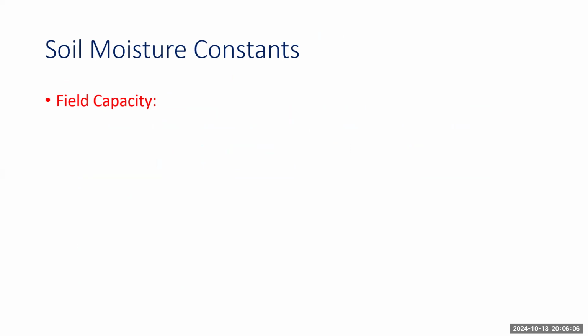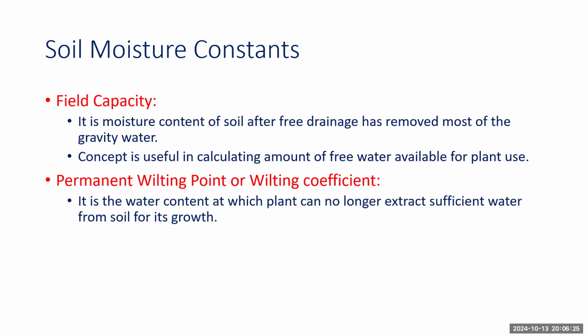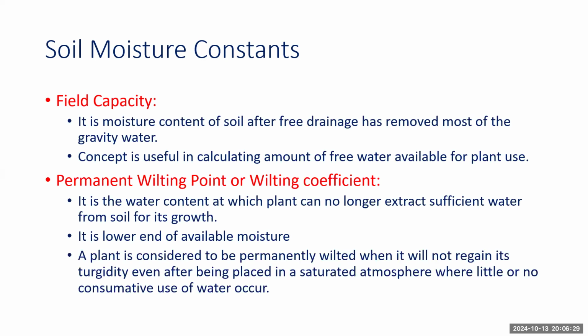So when gravitational water drains out from the saturation capacity, the maximum moisture content in a soil, then the moisture content at this particular level is called the field capacity.